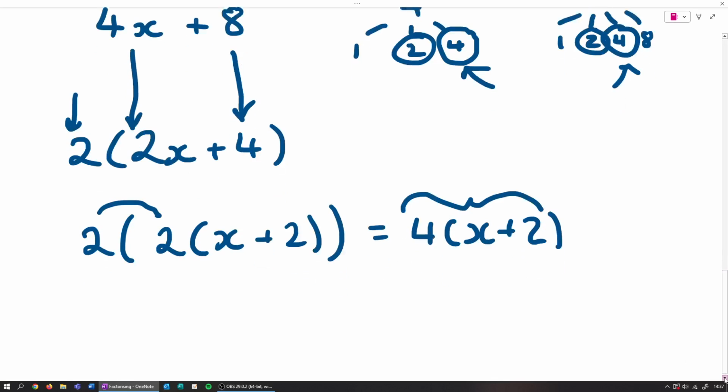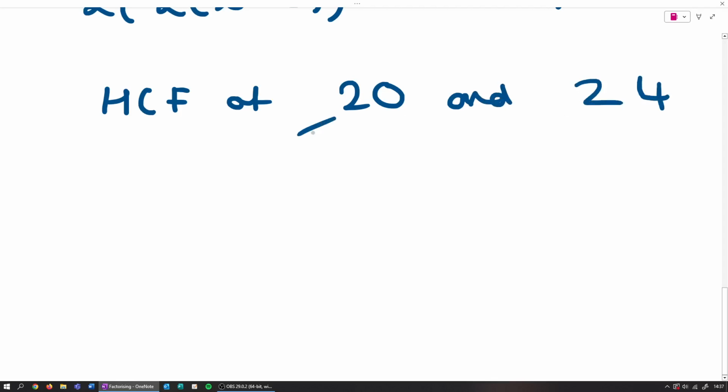For instance, let's look at the highest common factor, sometimes abbreviated as HCF, of, let's do 20 and 24. Okay, 1, 2, these are the factors of 20: 1, 2, 4, 5, then we're going to have 10 and 20.